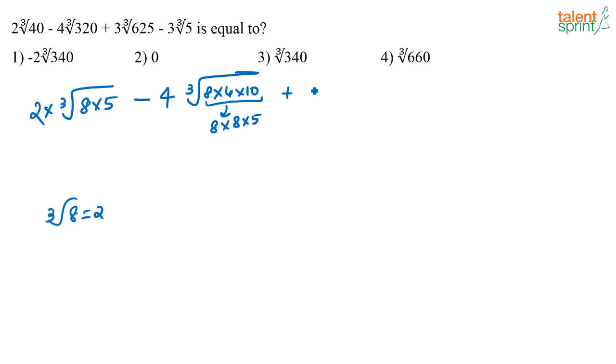And here you have 3 into cube root of 625, that is nothing but cube root of 125 into 5. Then you have minus 3 into cube root of 5. If this 8 is coming out of the cube root, it will become 2, because 2 cubed is 8.